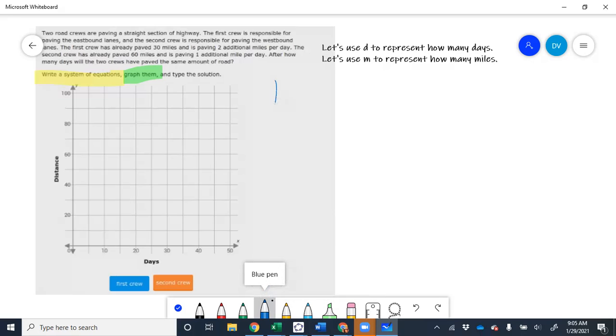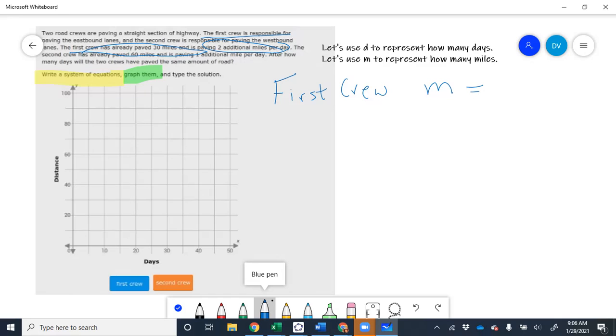Okay, so for the first crew, the number of miles, M, that they work on, or that they complete, that they pave. And let me show you where I'm getting this. It says it right here. The first crew has already done 30, and they're going to do 2 every day.